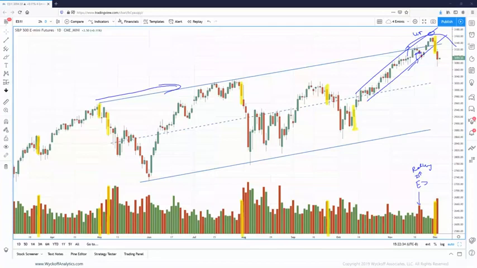Let me pick another color. We're looking at number one. Let's think for a while. Okay, number two. This was the largest bar since this low.